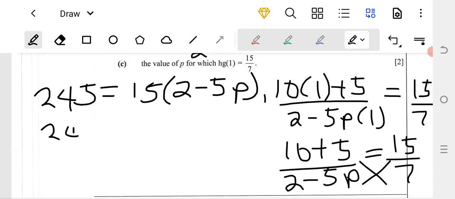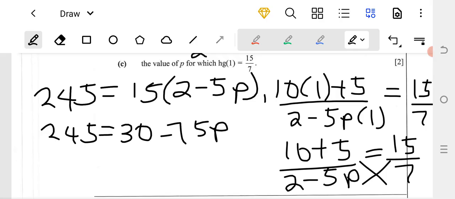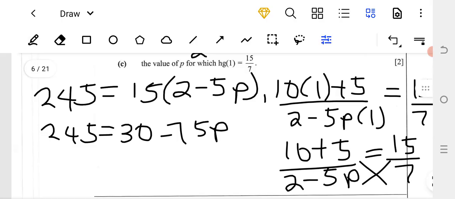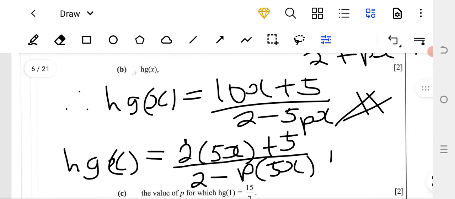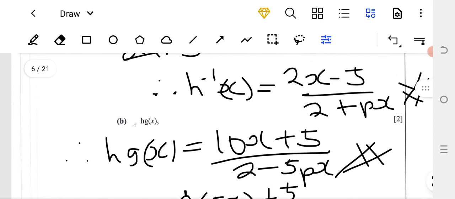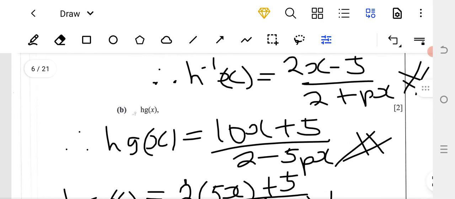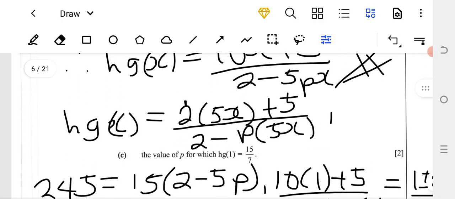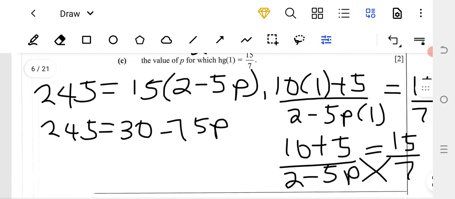So 245 is equal to 30 minus 75p. I hope you are following, right? So that's the answer we are having.